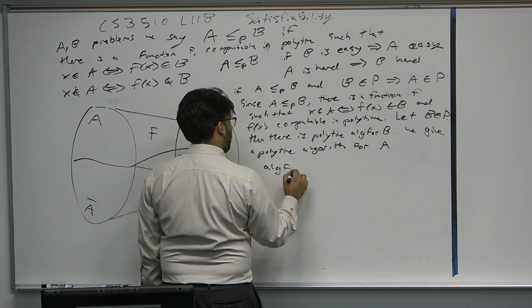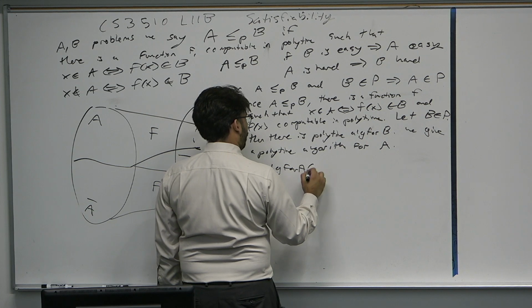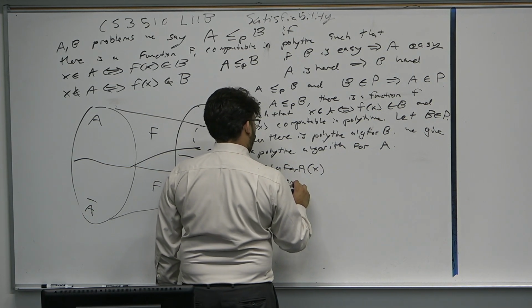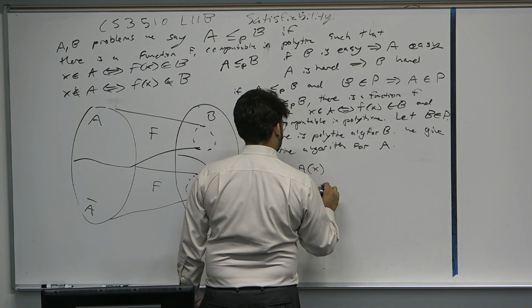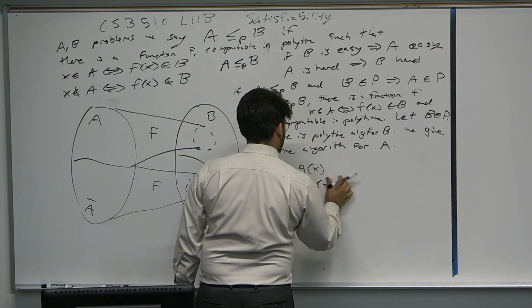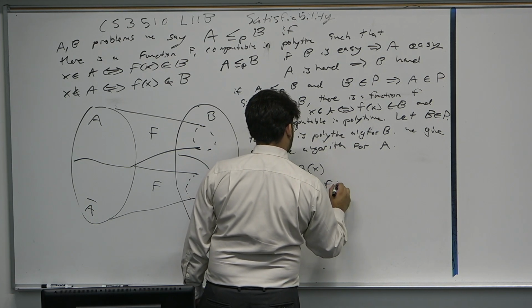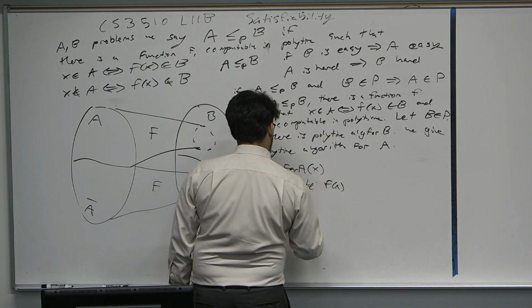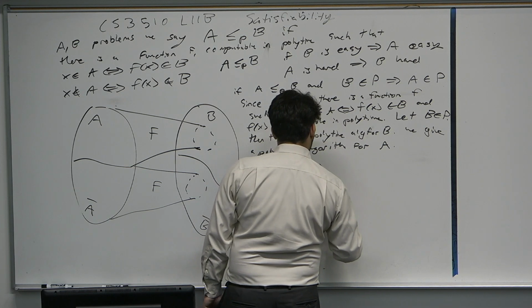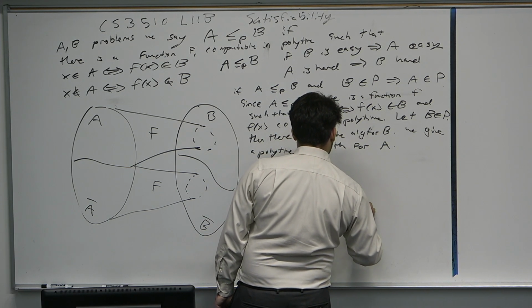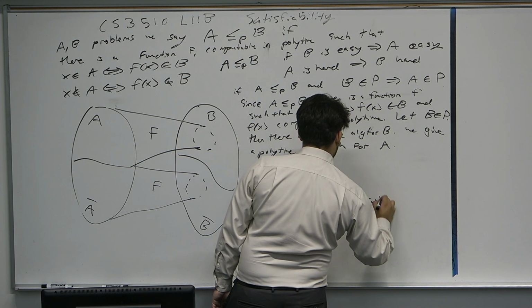Alg for A on input x is going to compute f of x, and then it's going to return alg for B on f of x.